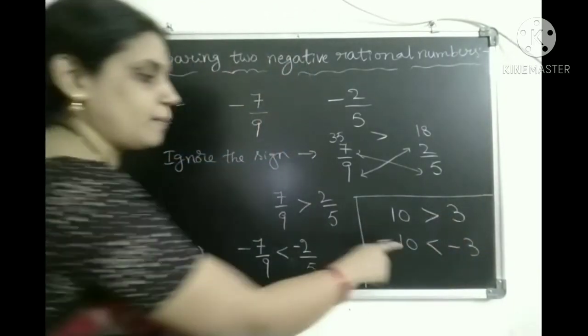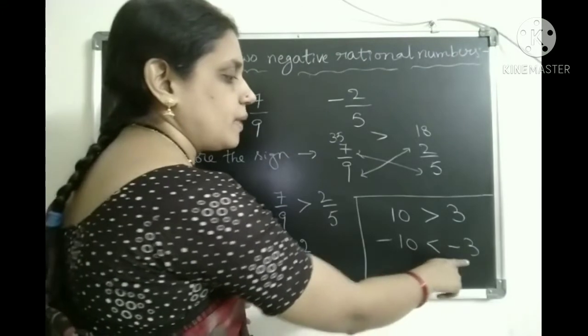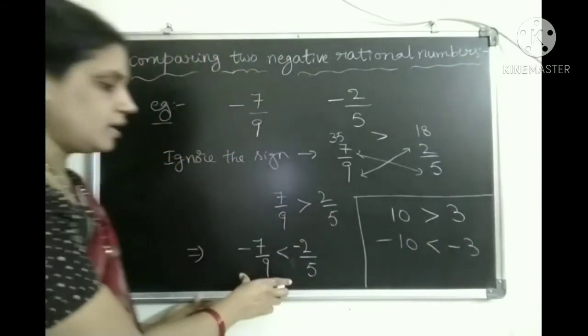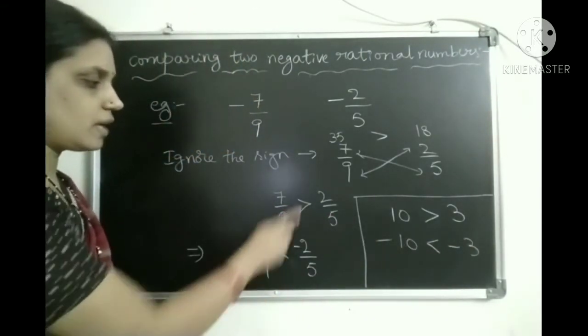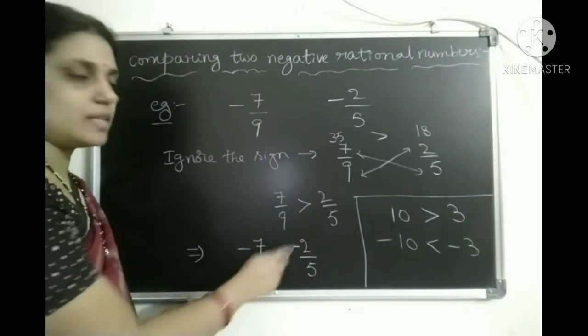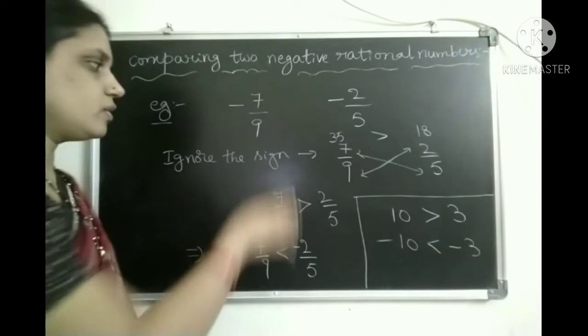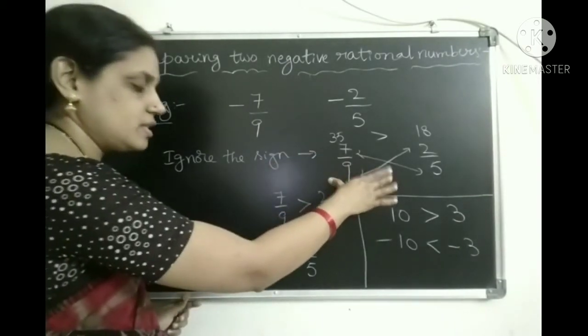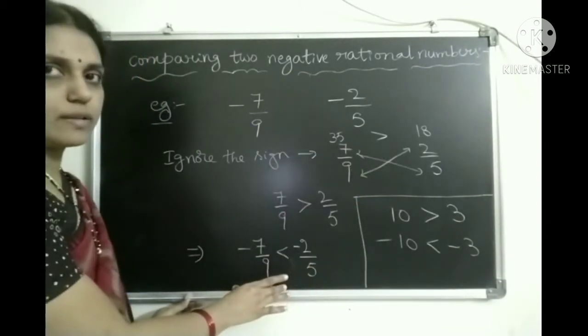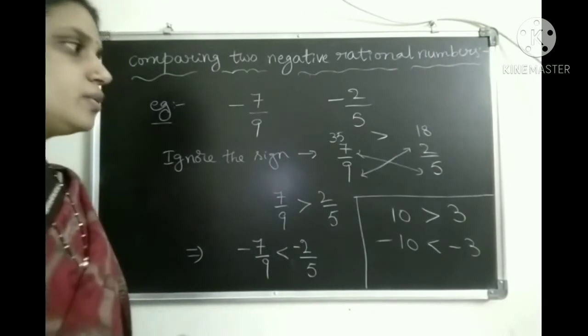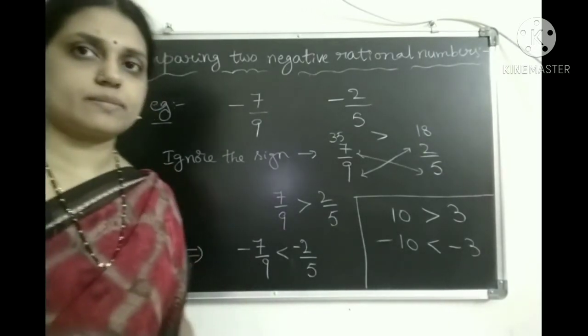Once you check it, minus 10 is less than minus 3. In the same way, here also with the negative sign we have to change the sign, that means reverse the order. So ignore the sign and compare the two fractions, then reverse the order. In that way we can compare two negative rational numbers.